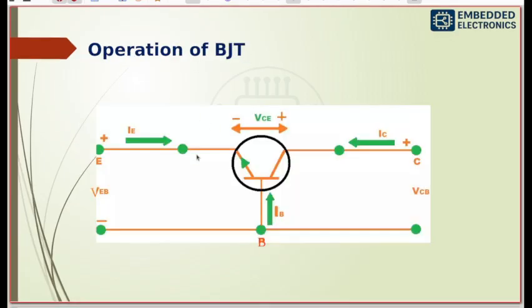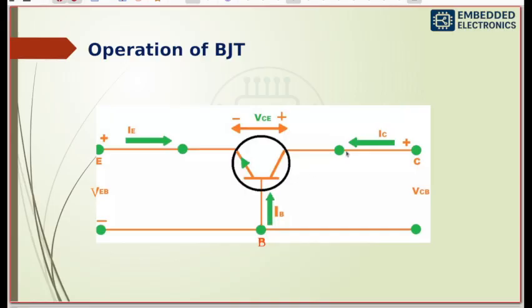In the active region, the transistor is on. And this is collector, emitter and base. When the collector base junction is reverse biased while the emitter base junction is forward biased, the BJT works in the active area. As a result, the BJT is used as an amplifier.